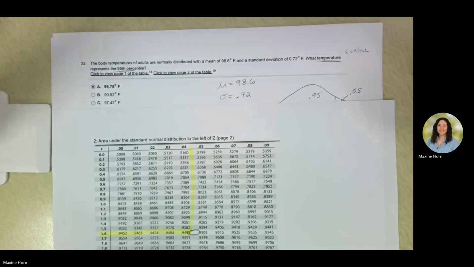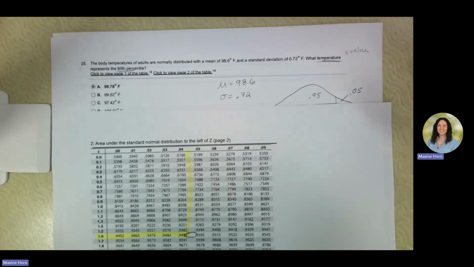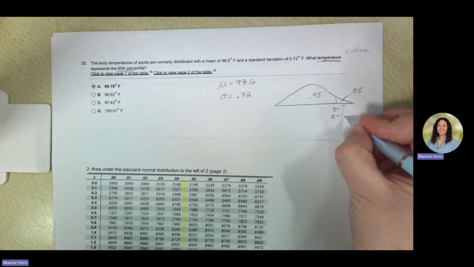Directly, halfway in between these two. So we go here and we go directly in between them here. So we are getting z equals 1.645. Okay. All right, that's my z-score.